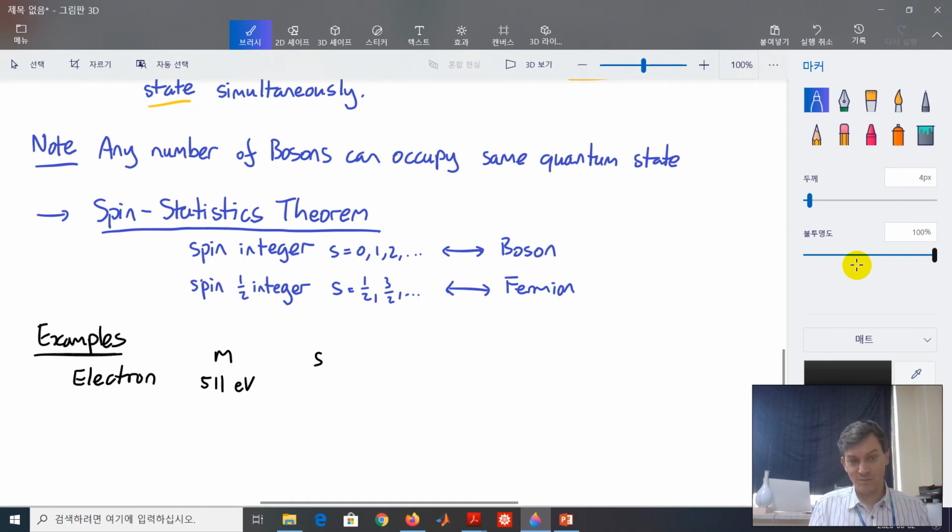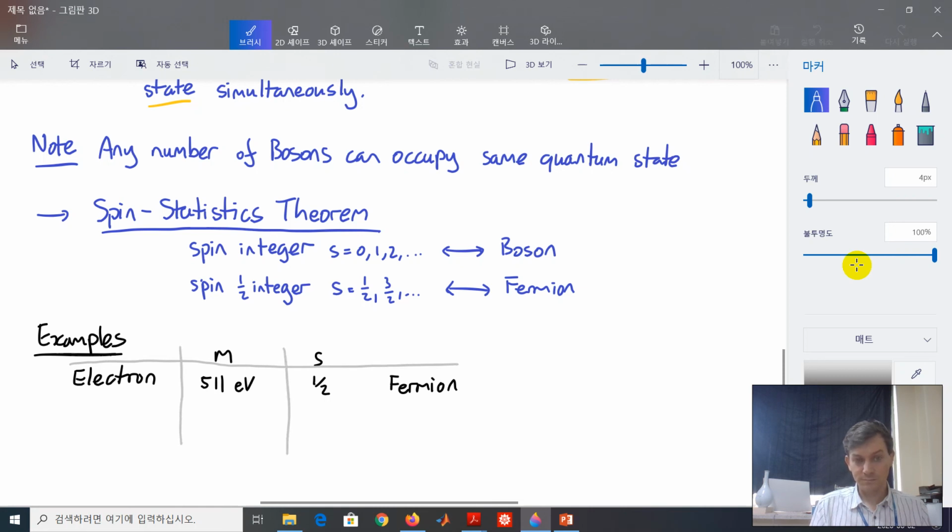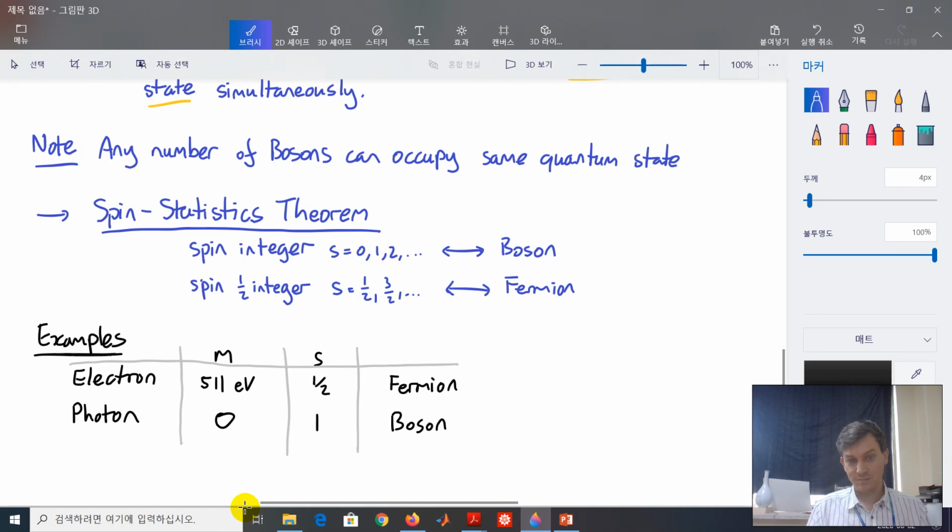The spin we've seen for electrons is 1/2, and because of the spin statistics theorem, these are therefore fermionic particles. The second example we've seen is the photon, which is the particle of light. These particles are massless. They have spin 1, as it turns out, and therefore by the spin statistics theorem these particles must be bosons.